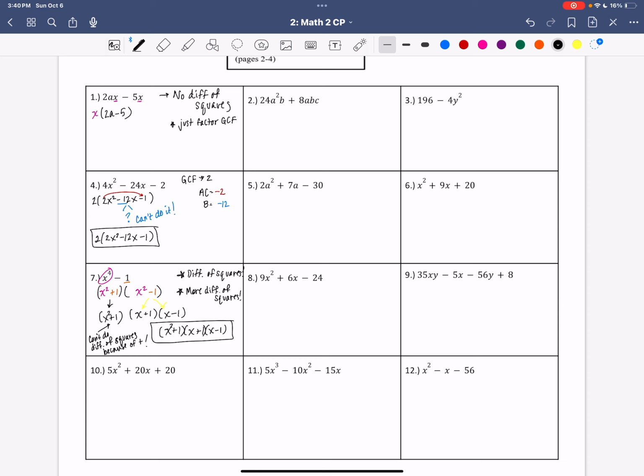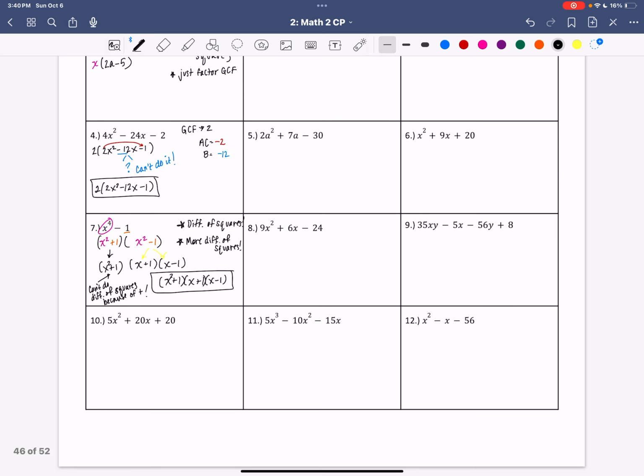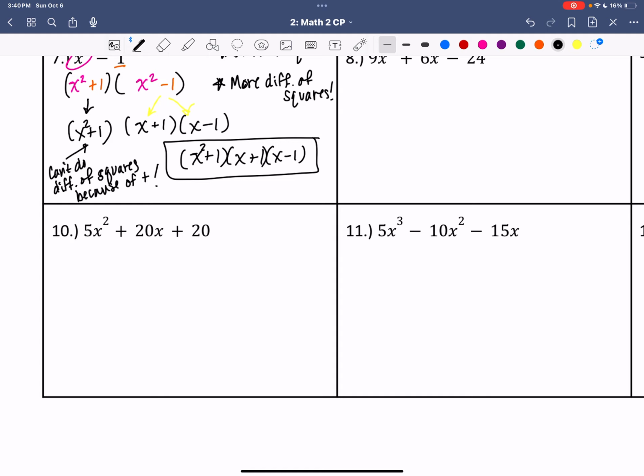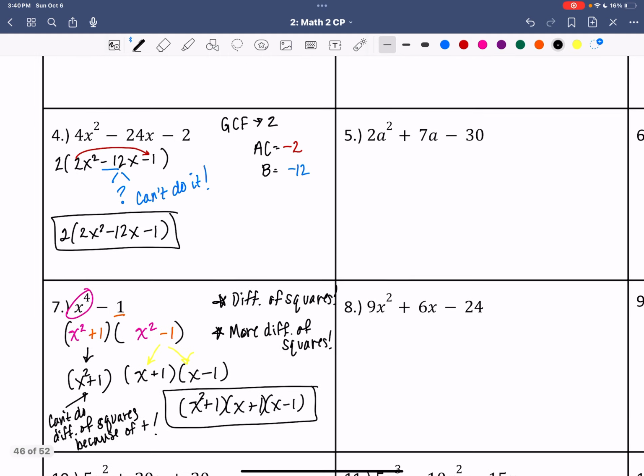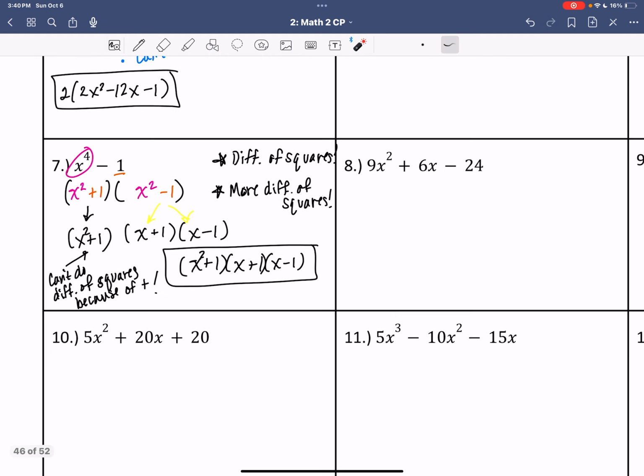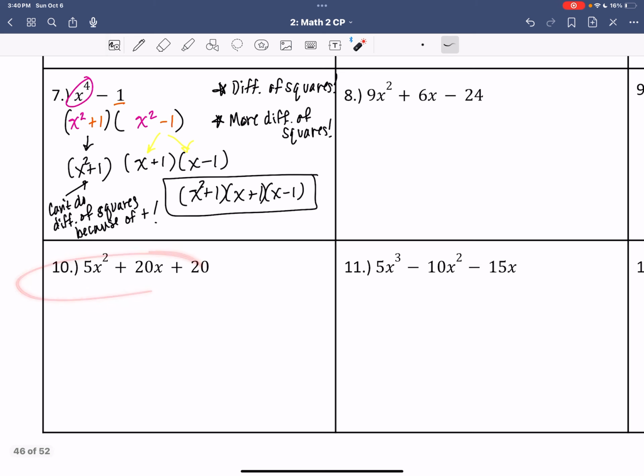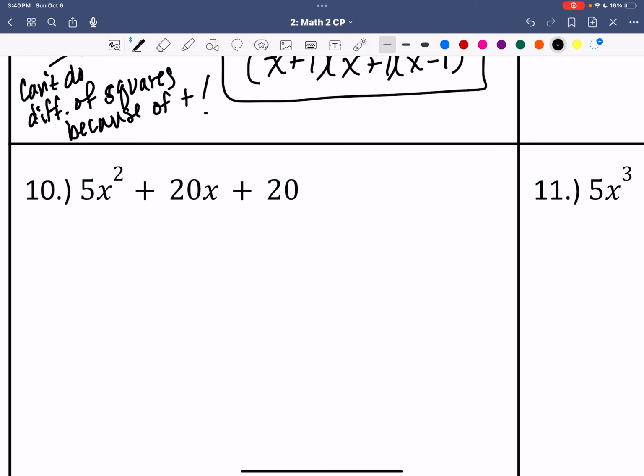All right. Let's see, let's do one with 4 terms. No, actually we'll do one more 3 because here we couldn't do that. So let's do this one. For number 10, let's look. Is there a GCF? Yep, we got one of 5.